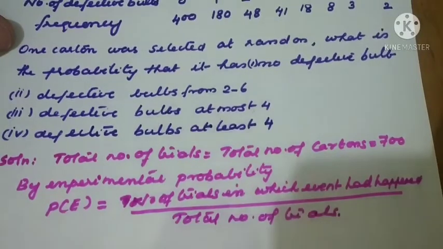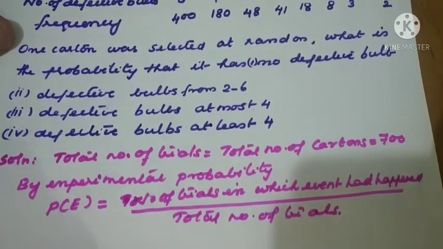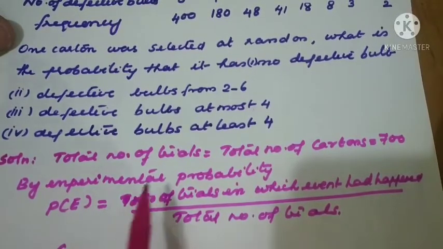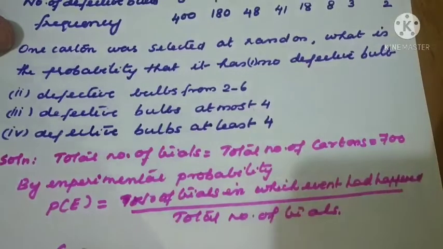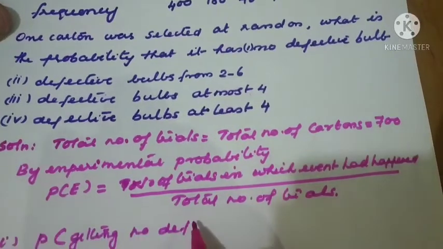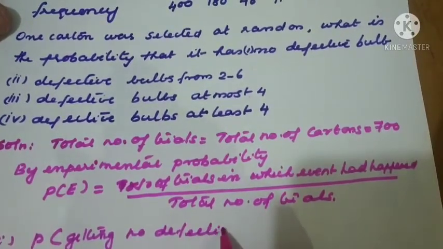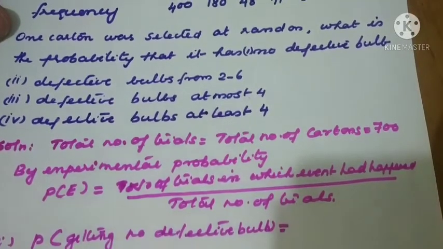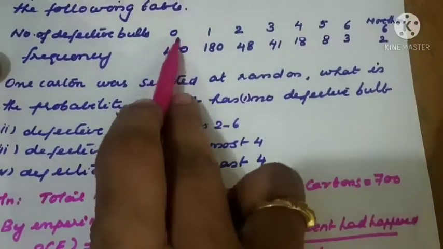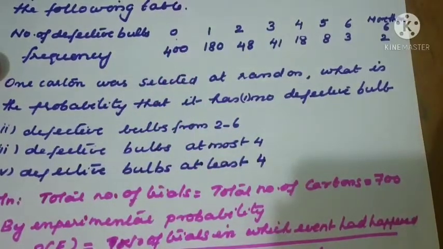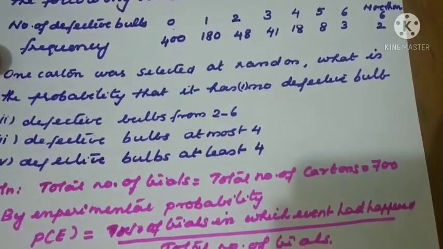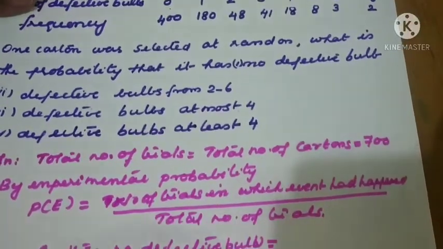Now we have to go for the questions only. What is the first question? Probability of getting no defective bulb. There is no defective bulb. So what is P of getting no defective bulb? Against 0, what is the frequency? That is 400. So our answer is 400 by 700.